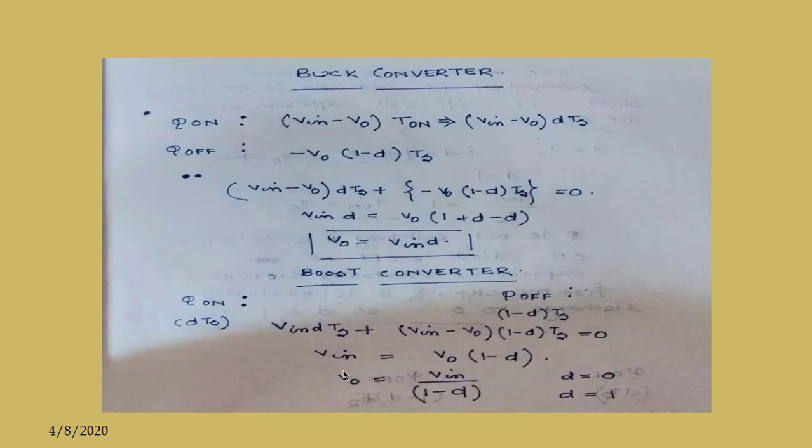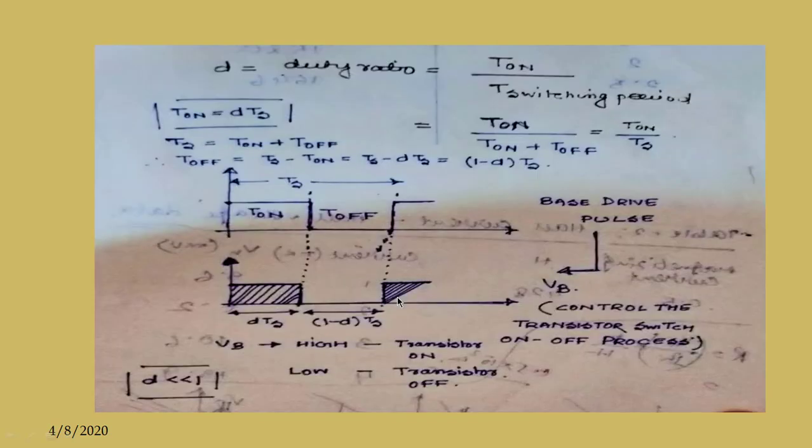Now when d equals 0, what is the meaning of d equals 0? D equals 0 means T on equals 0, because 0 into Ts is 0.